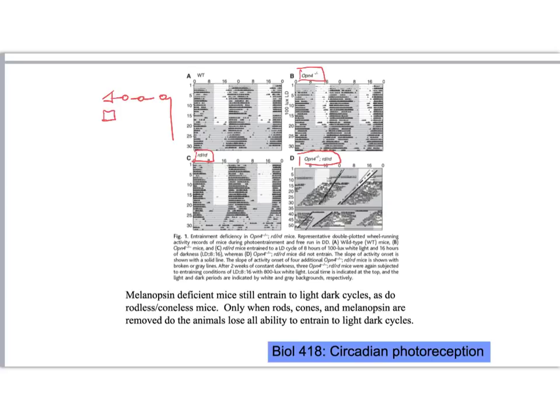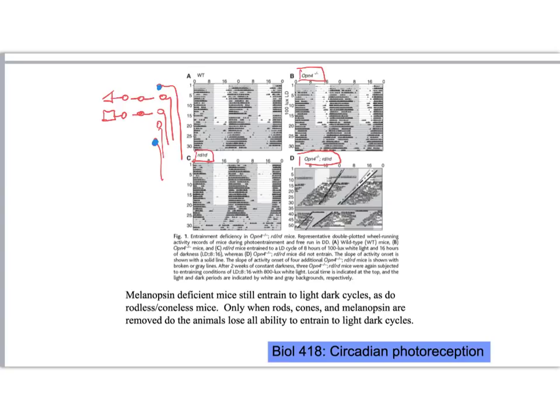Rods and cones are intact, the intermediate cells are intact, and then all their ganglion cells are intact, and some of them, I'm going to draw them in blue, these blue ones express melanopsin, right? It's 2%, I'm exaggerating the percent here, okay?